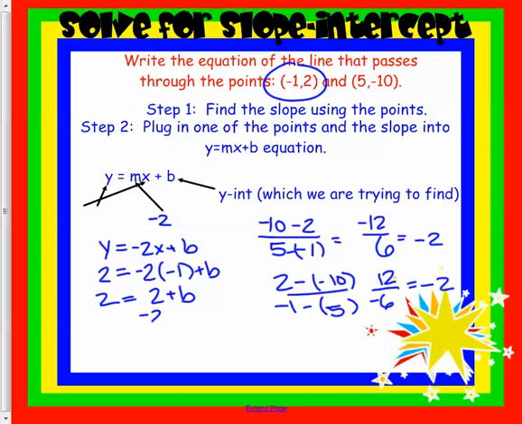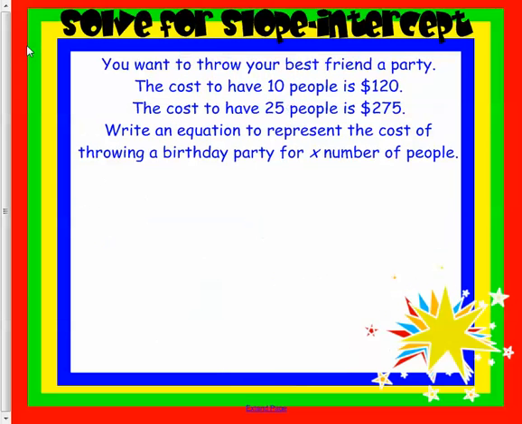Well, if I take 2 away, I'm left with 0 on this side, so b equals 0. So my formula should be y equals, and my m, which is negative 2, times my x plus 0, so it's really just this. All right, let's look at one final example.